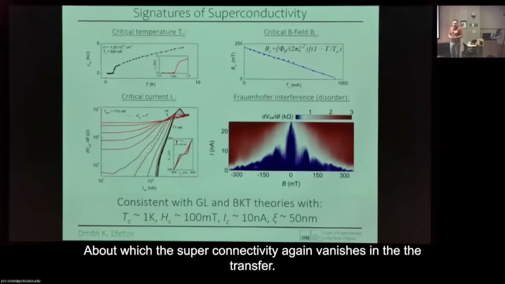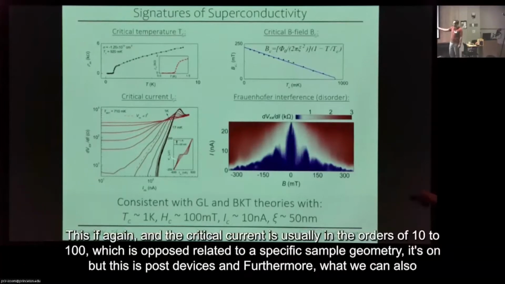And the critical current is usually on the order of 10 to 100 nanoamps, which is of course related to the specific sample geometry and so on. But this is all pretty much consistent across the devices.